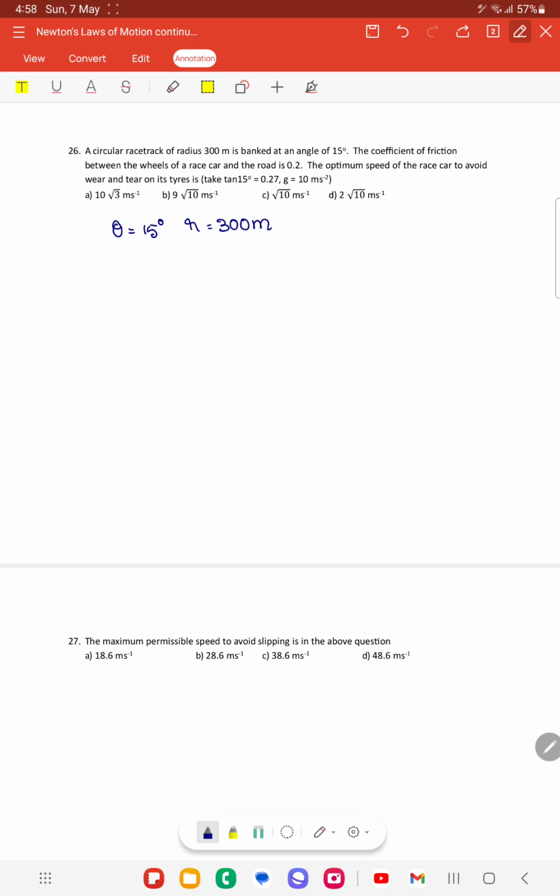The coefficient of friction between the wheels and the road is given as 0.2. We have to find the optimum speed of the race car to avoid the wear and tear of the tire.